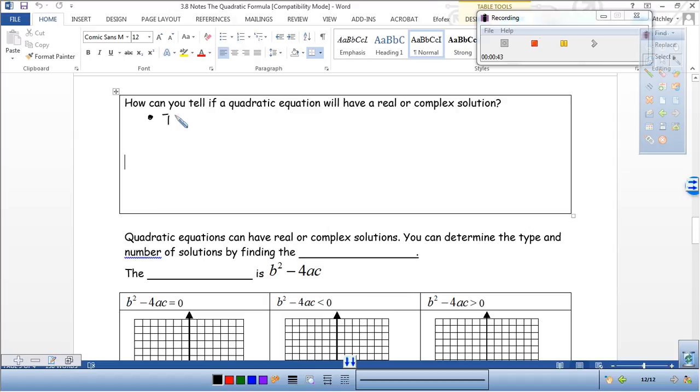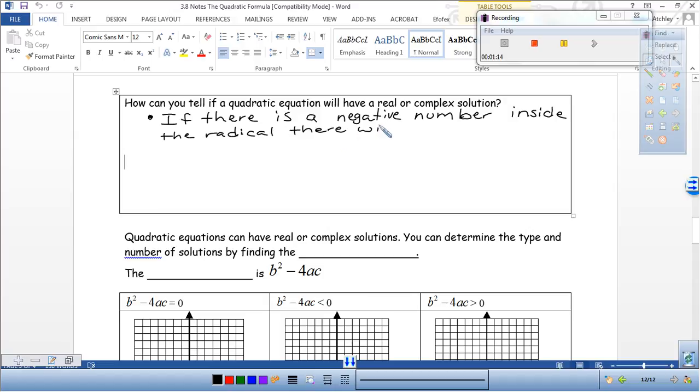So if there is a negative number inside the radical, there will be a complex solution.